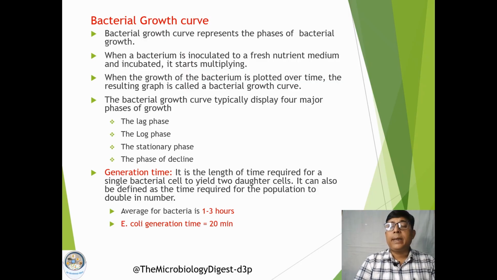Now, when bacteria are inoculated into a new nutrient medium during the cultivation process, there are different stages of bacterial growth. For understanding, we can divide them into four different phases.